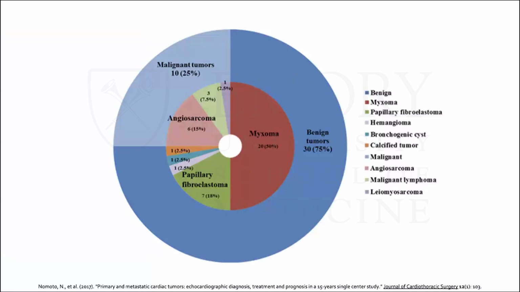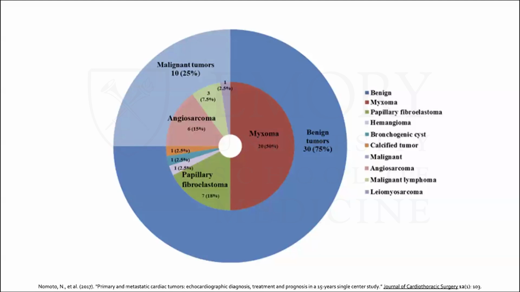As I mentioned before, primary cardiac tumors are exceedingly rare, about 0.02% of the population. Case series and autopsy series have suggested that 25% of these are malignant. So the vast majority of these primary cardiac tumors are not even malignant; they're benign. Data from SEER actually confirms this.